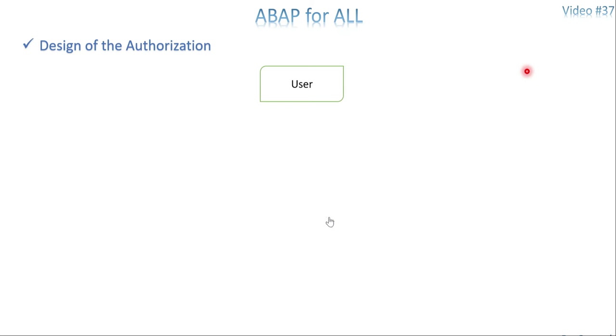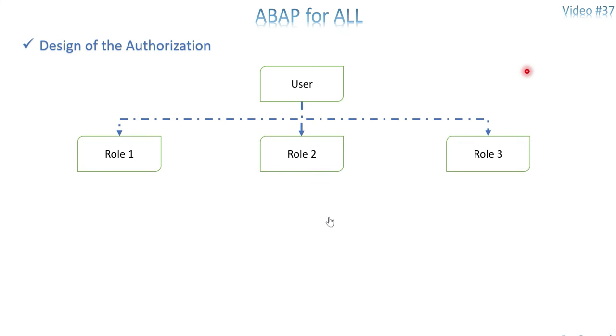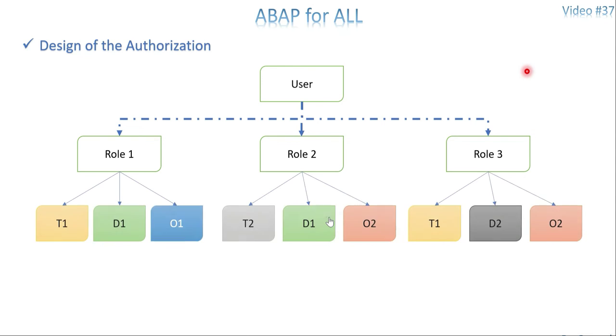And another way of understanding the authorization object: the user can have multiple roles, and one authorization object can be maintained in different roles as well. For example, one transaction is mapped with role 1 and role 3, depending on the design or requirement, and the data one is also mapped with role 1 and role 2.